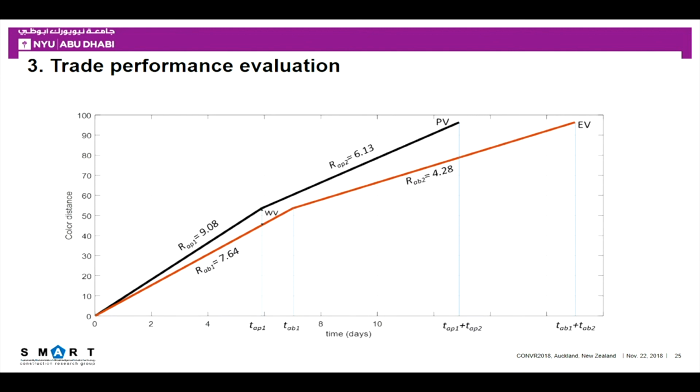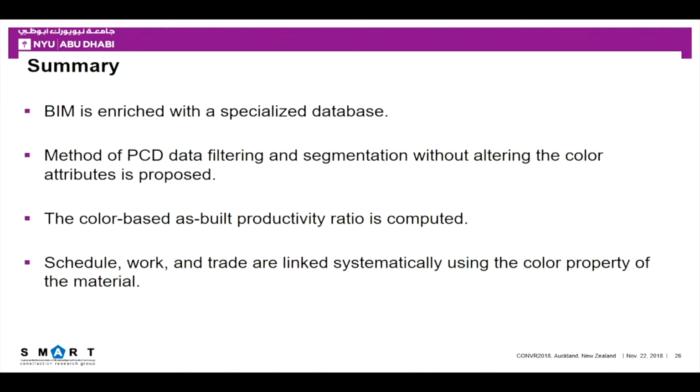This is all about the research. To summarize what we have done throughout, we enriched the BIM model using a specialized database which is called the point center. Then we filter the point cloud. When we filter it and when we segment it, we enhance those two usual methods because we don't want to over-approximate the points.